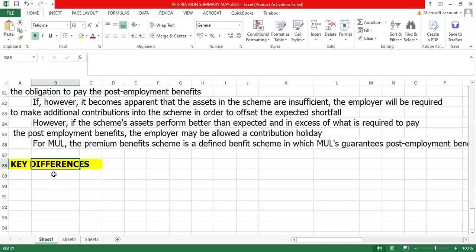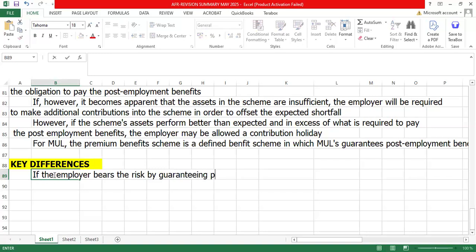So we are going to say that if the employer bears a risk by guaranteeing post-employment benefits, then the scheme becomes a defined benefit scheme.